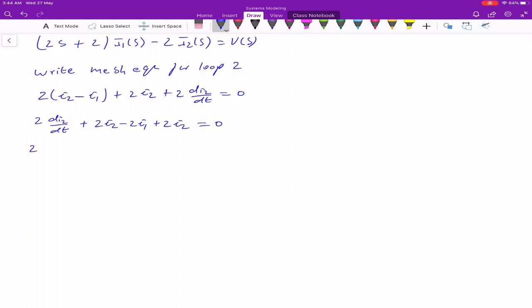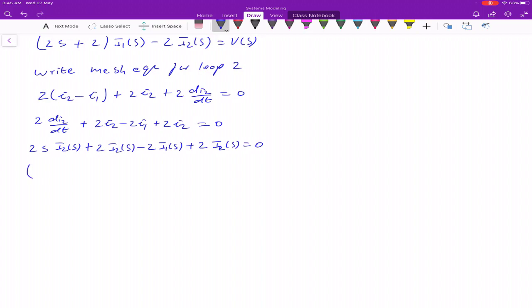We have 2s I2 of s plus 2 I2 of s minus 2 I1 of s plus 2 I2 of s is equal to 0, and from there I can pull the I2 out.